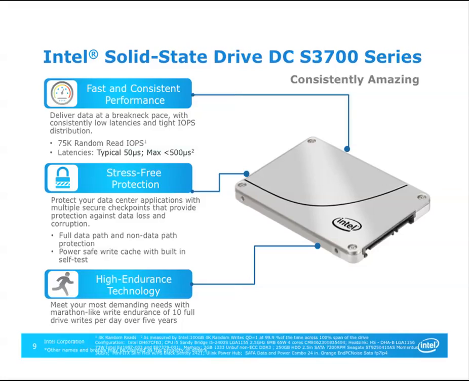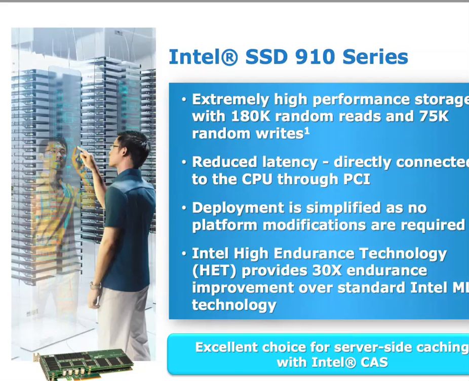So let's go to the next foil, and we'll talk about our PCIe-based drive. And it's Intel's highest performing SSD. It delivers 180,000 random reads and 75,000 random writes. And we believe that it's an excellent choice for server-side caching because of the reduced latency.